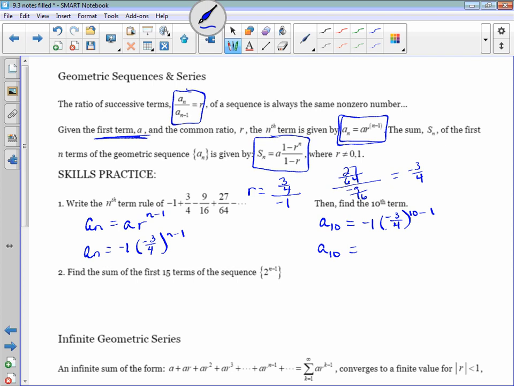It is a lovely fraction. I would like the fraction. So you could do -3 to the 9th, and then you could do 4 to the 9th. Multiply that in, you know, make that a fraction, and then multiply it by -1.